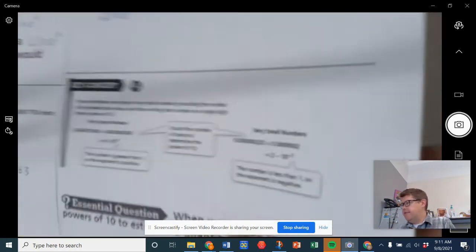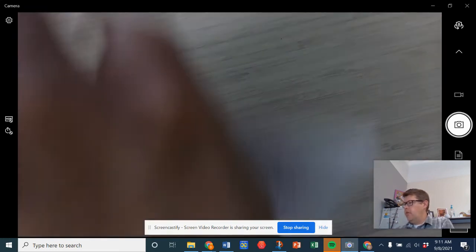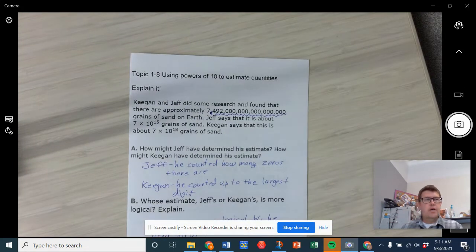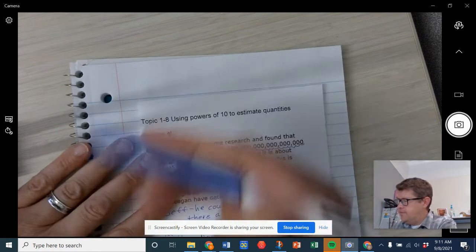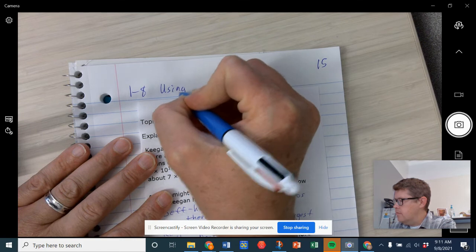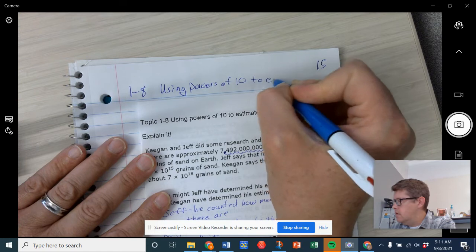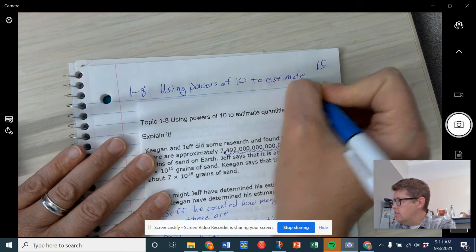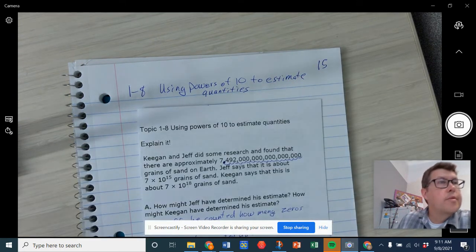And fold it in half, hamburger style, el estilo de hamburguesa, just like so, right there. And then we're going to put this on page 15, using powers of 10 to estimate quantities, like so. Glue that in here.